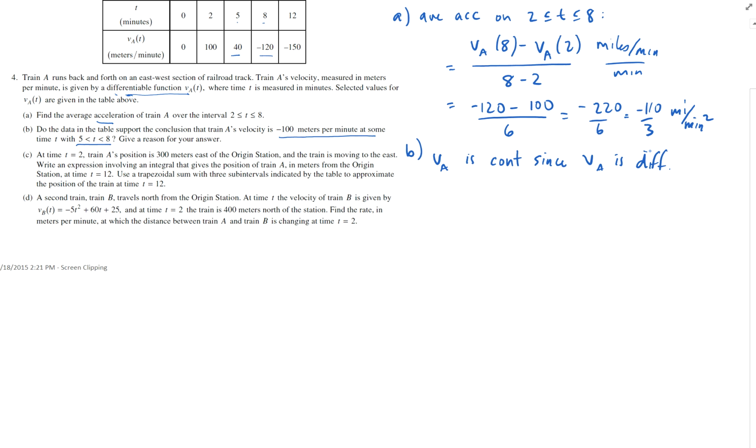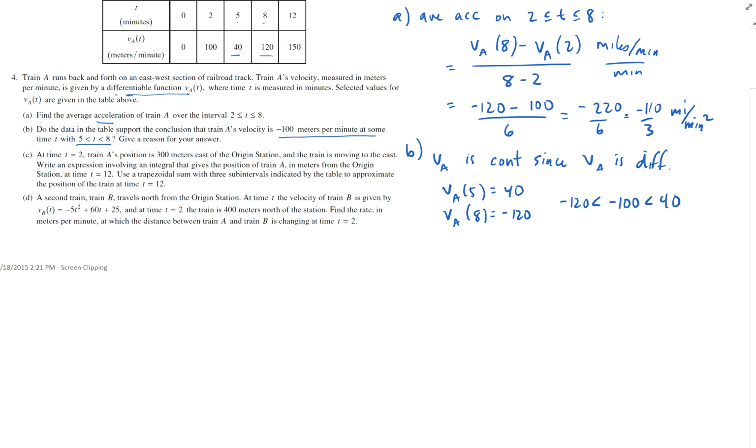And I know that v_A of 5 is equal to 40. v_A of 8 is negative 120. And clearly, negative 120 is less than negative 100 is less than 40.